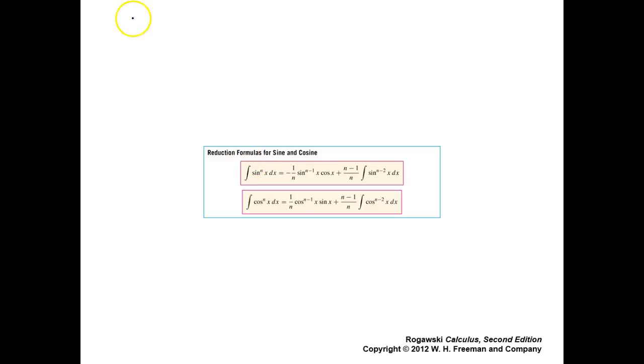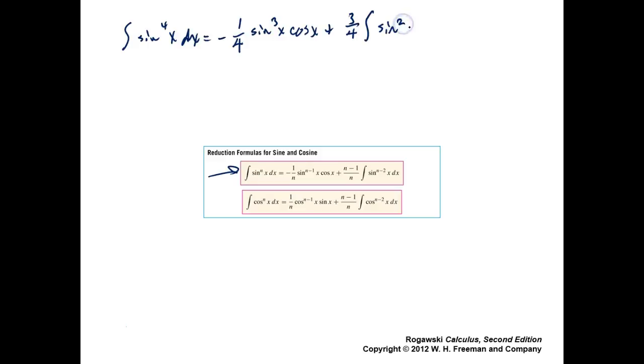So according to this, the integral of sine fourth x dx would be what? Minus, using this form here, 1/4 sine cubed x cosine x plus 3/4 integral of sine squared x dx.